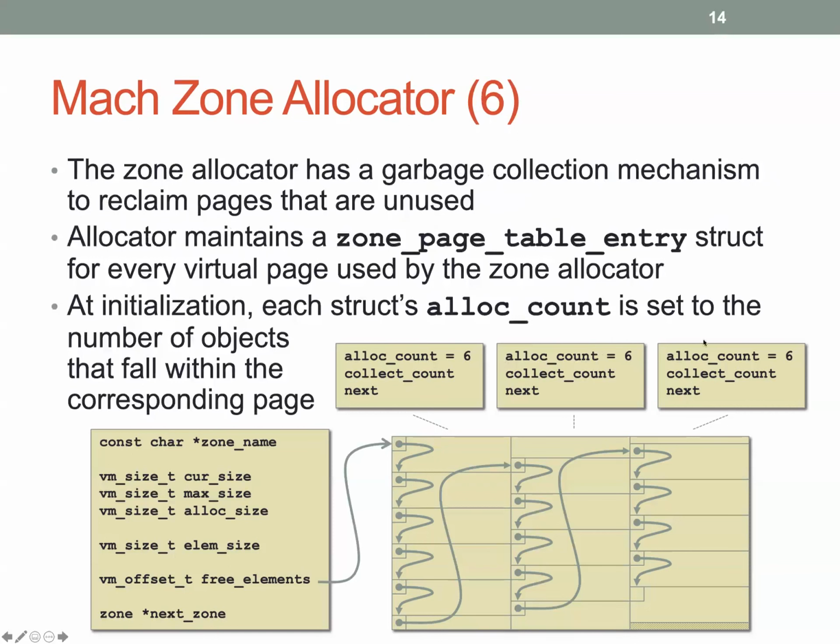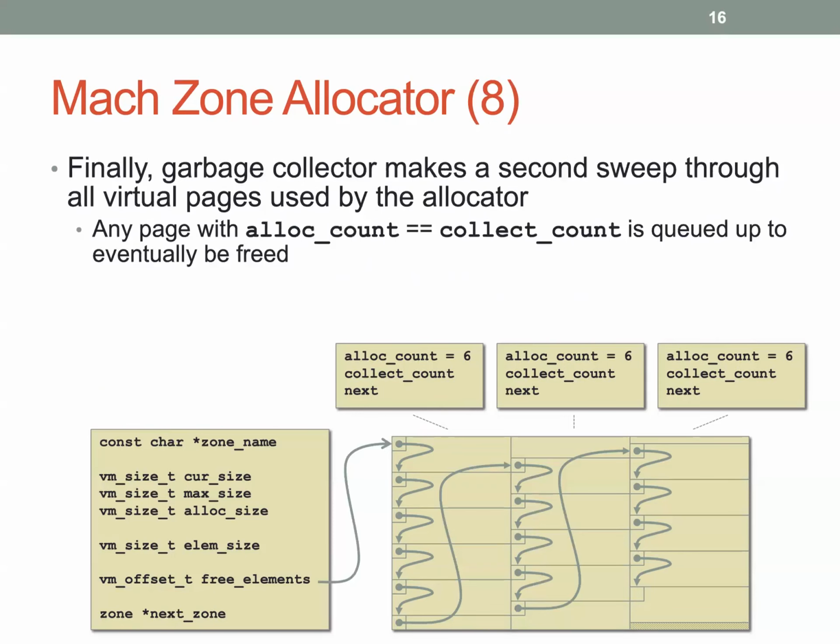So it chases through all the zone page table entries, because they're also linked together in a list. And if it sees a page table entry with alloc count and collect count being the same, it says, okay, I can reclaim this page. So it queues it up and says, this is available for use if we need to. So that's the idea there.